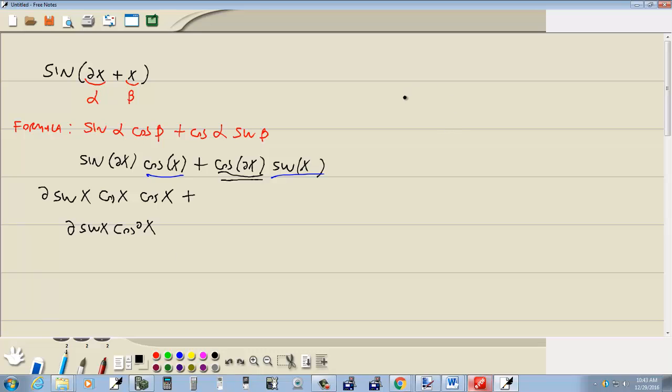Because we've got sine squared plus cosine squared is equal to 1. So I can take the sine squared to the right side, and we would have cosine squared is equal to 1 minus sine squared. Okay, so we're going to rewrite cosine squared as 1 minus sine squared.